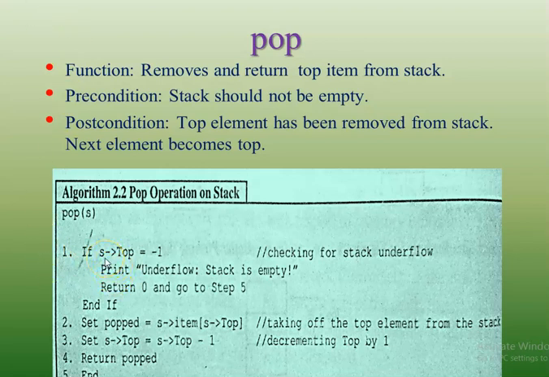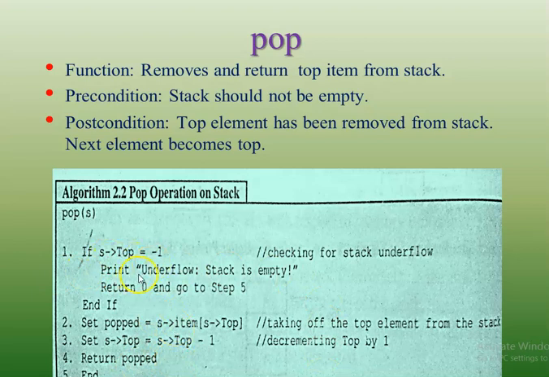The empty condition for a stack is that the value of top element or index is -1. If it is -1, we can conclude that the stack is empty and we cannot take any value from that empty stack. So we have to stop proceeding with this algorithm.